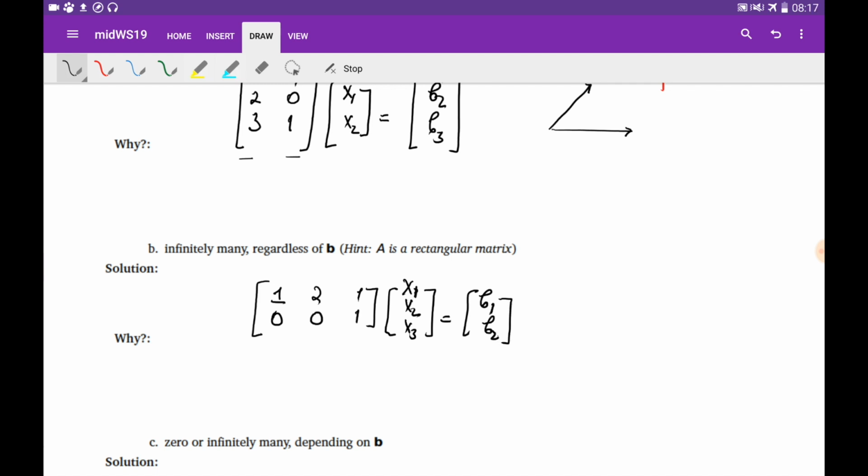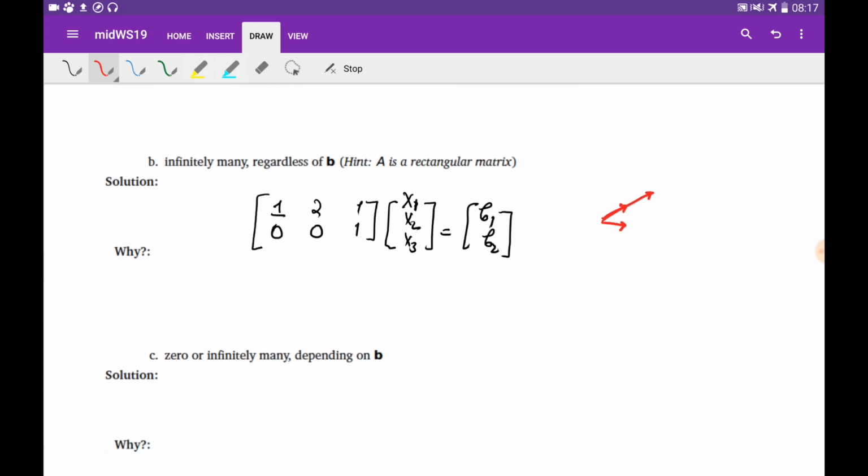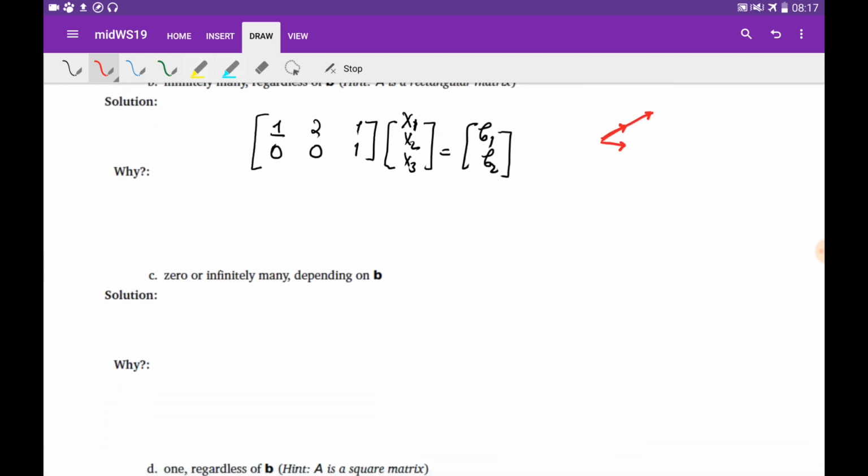So in this case, the system has infinitely many solutions no matter what B is. Basically, I've got the two vectors here and the third vector like this, and this is going to give you all possible combinations. So it doesn't matter what B is, it's going to have infinitely many solutions always. So 0 or infinitely many solutions depending on B, right?